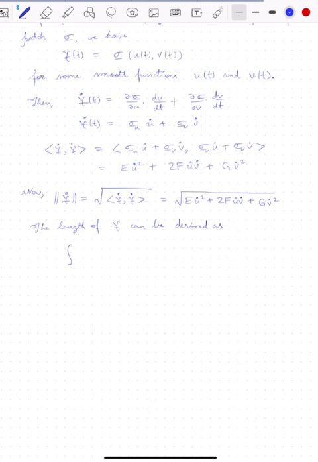So we'll have the integral of norm gamma dot dt, which is equal to the integral of the square root of E u dot squared plus 2F u dot v dot plus G v dot squared, dt. So that is how we define the length of a curve, right? And these curves are defined on the surface itself, which means that they are constrained to the surface.